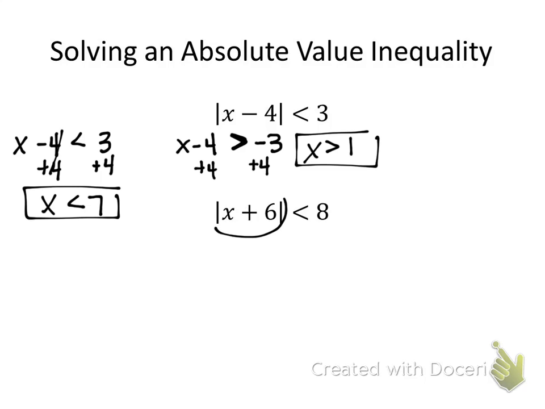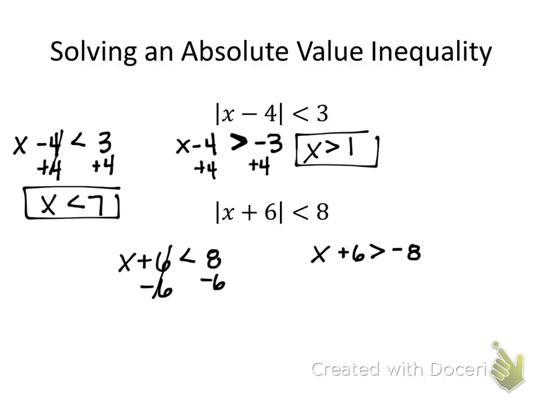I check. This is the only thing on that one side of the equation. So I drop the bars and write it once, but then I write it a second time. I flip my sign and change my answer to a negative. Now I can get my second answer. So I subtract 6 on both sides.